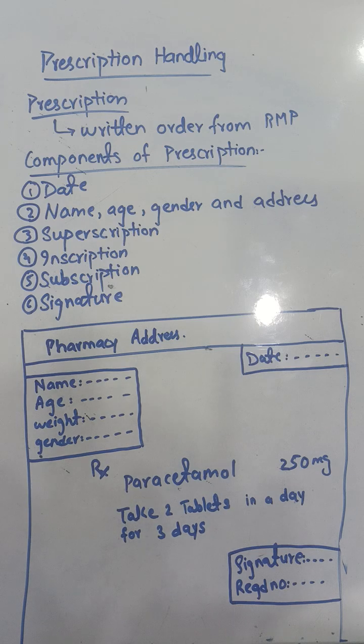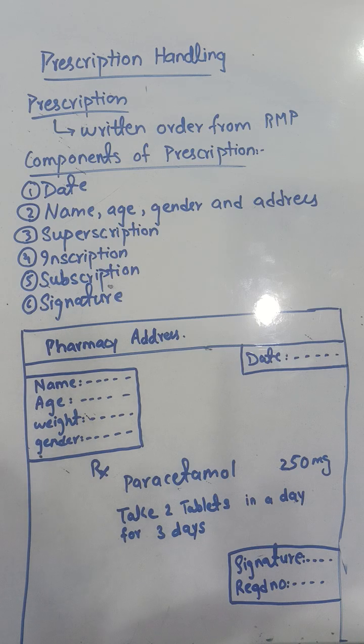Your prescription is actually a written order from an RMP. What is RMP? It is a registered medical practitioner or a physician, meaning a doctor. So when our doctor gives a written order to a pharmacist, this is called a prescription.